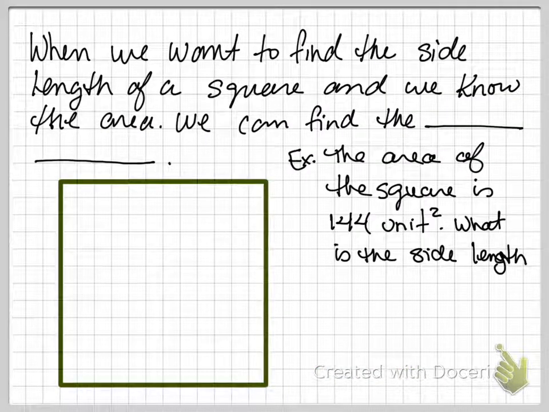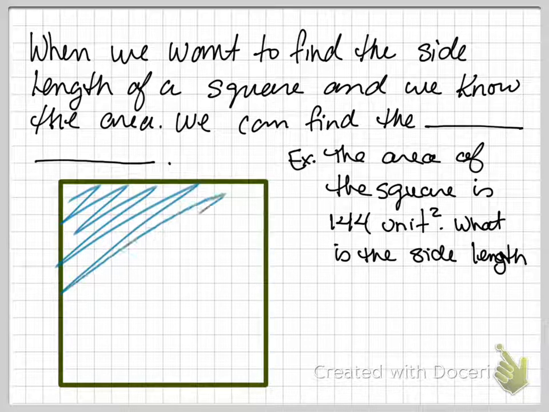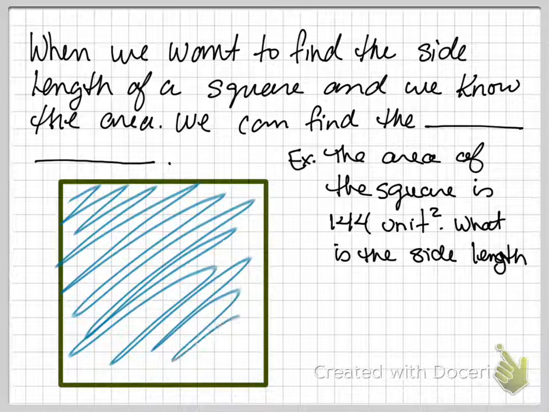So now it's also important for us to be able to work in the opposite direction. If we know the area inside of the square, we can find the side length.